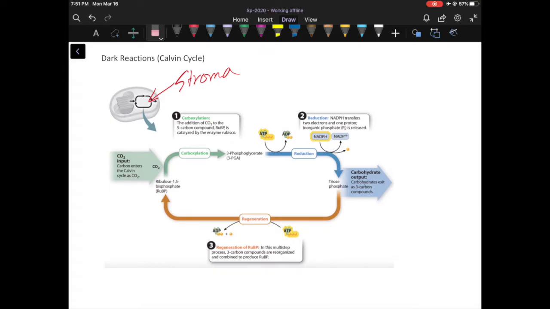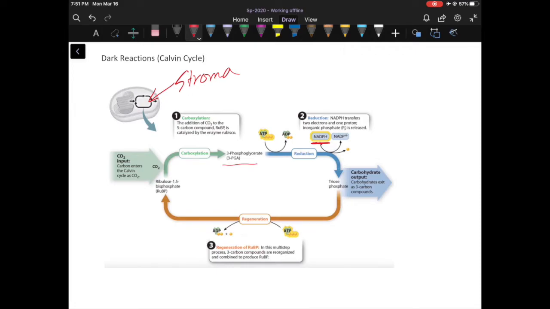So moving on to our second part, which is reduction. What happens here is that NADPH acts as a reducing agent, which transfers the electrons from the NADPH to the 3-phosphoglycerate molecule after it is phosphorylated by this ATP right here.